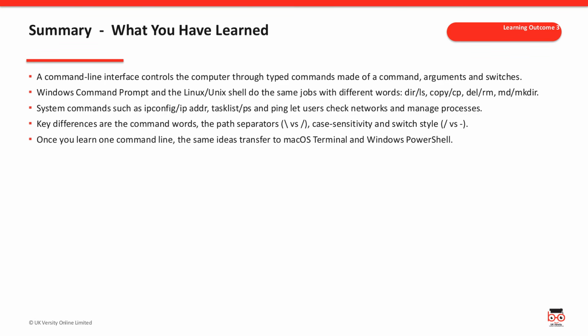The key differences are the command words, the path separators, case sensitivity, and whether options start with a / or a dash. And once you've learned one command line, the very same ideas carry across to macOS terminal and PowerShell.